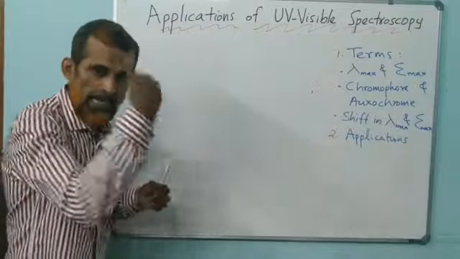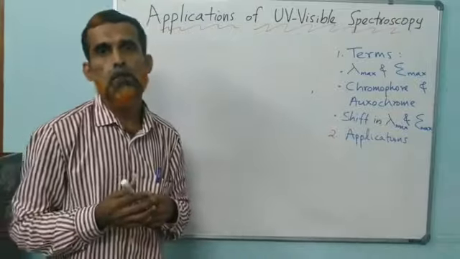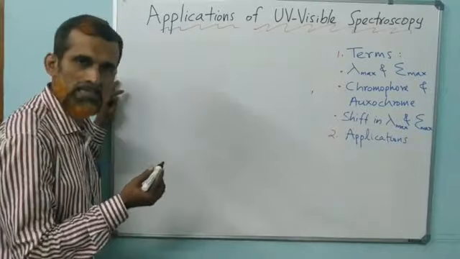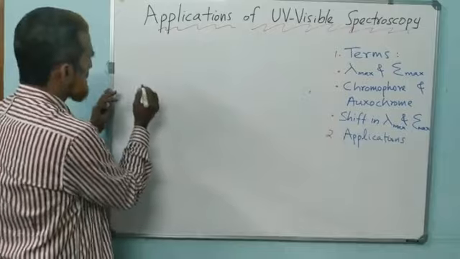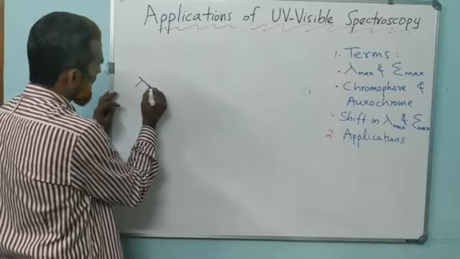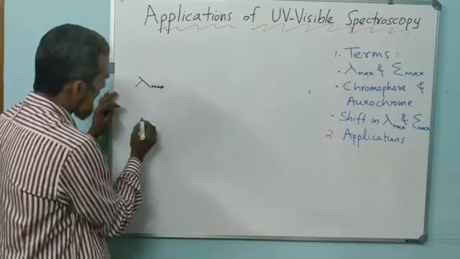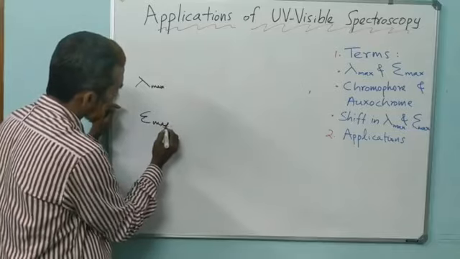So when there is a change in lambda max, we use some operational terms. It's very easy to understand. Let me write like this. See, lambda max and epsilon max.